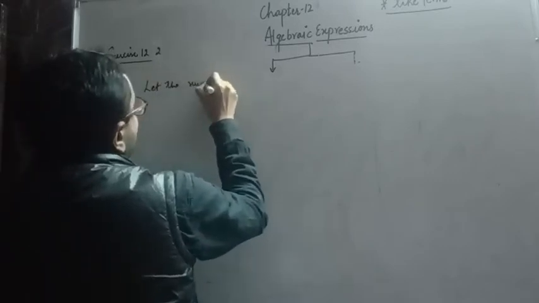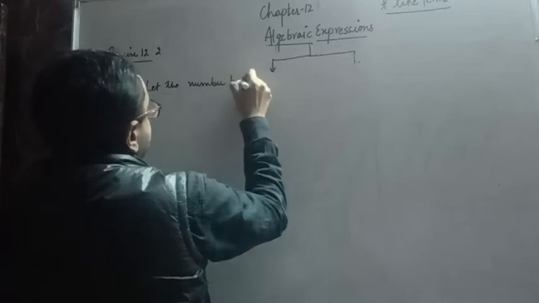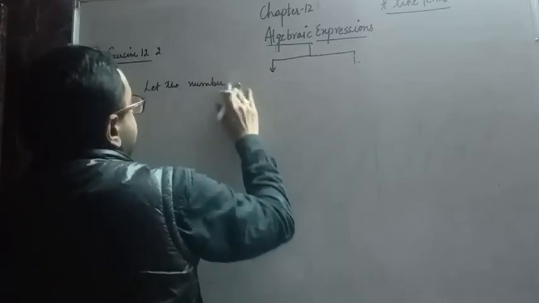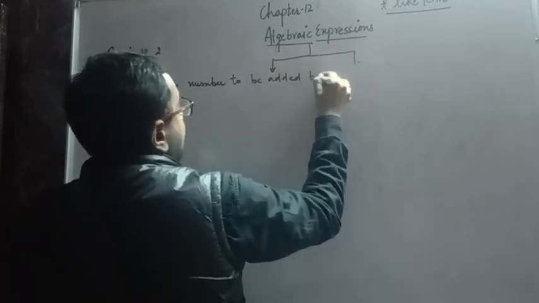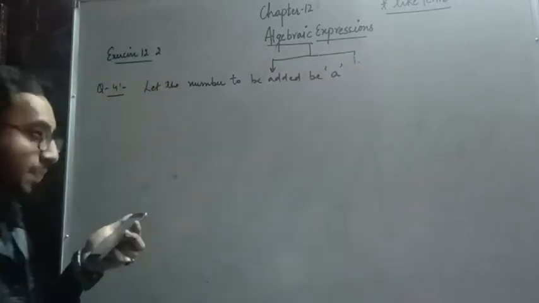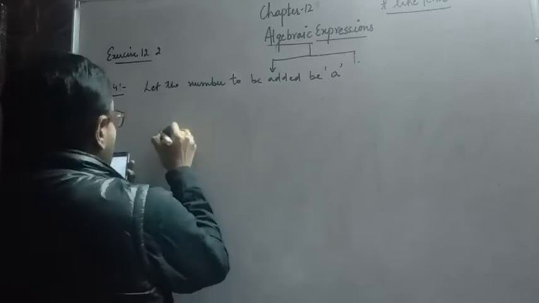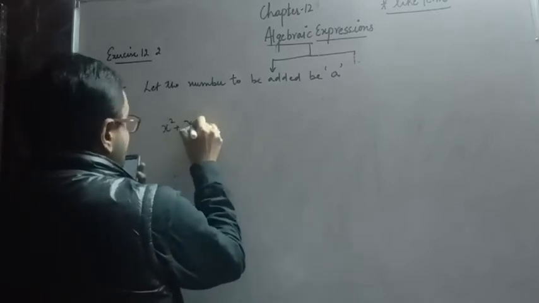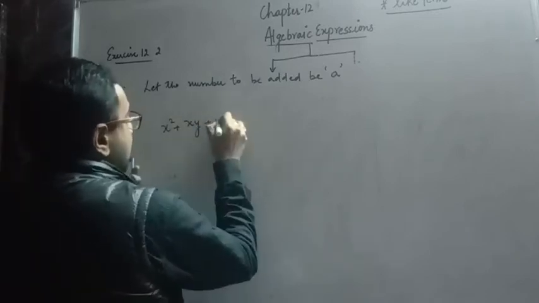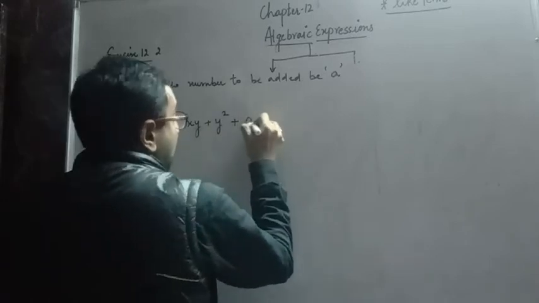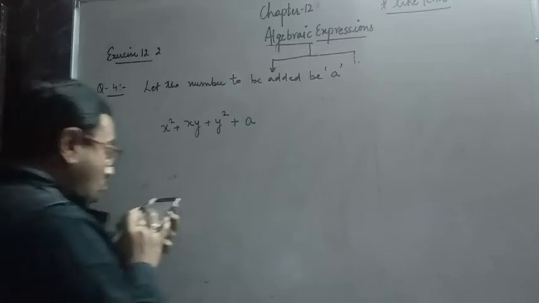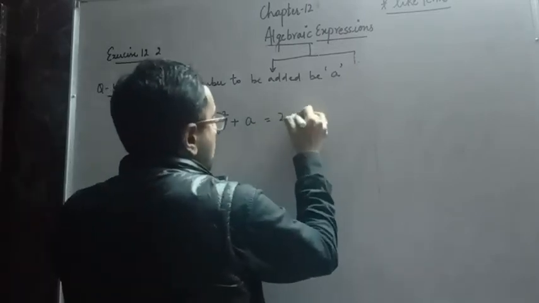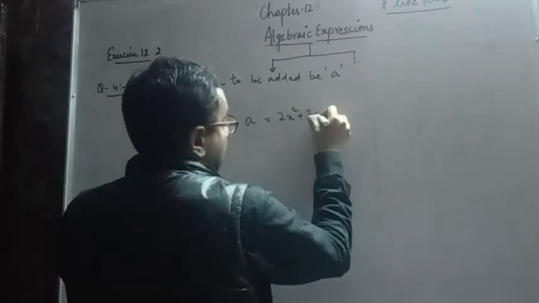Let the number to be added be a. I am taking any expression a. So what should be added to x square plus xy plus y square? We are adding a because we don't know the value of a, because a is the variable, to obtain 2x square plus 3xy.